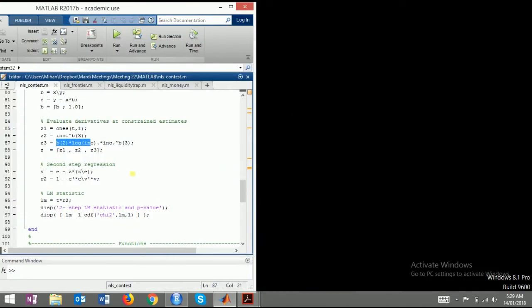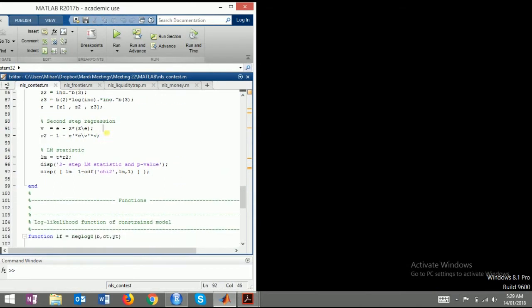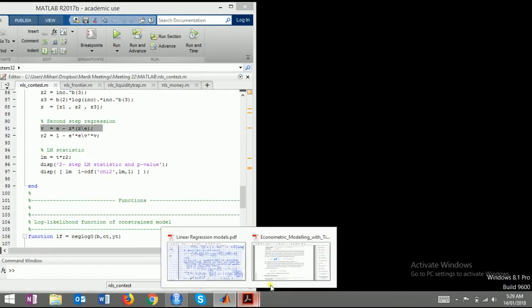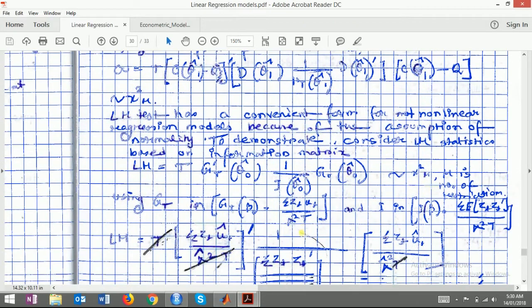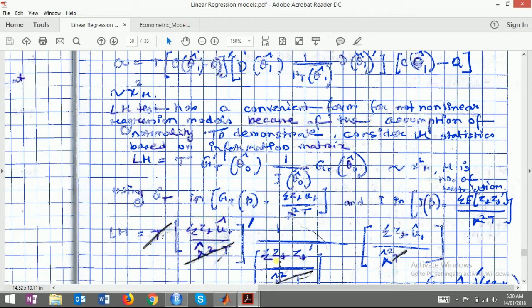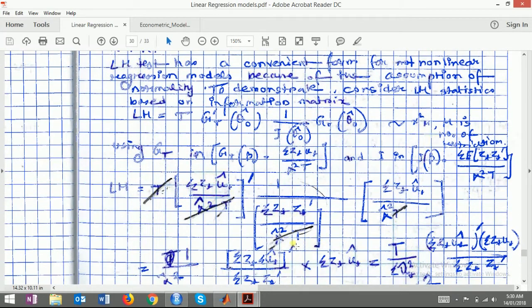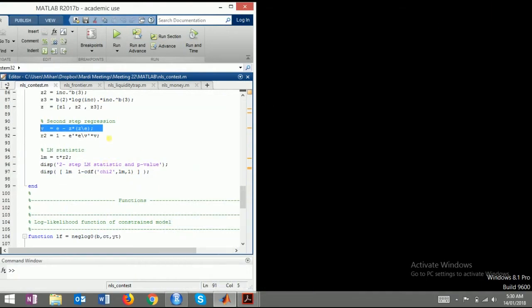Fine. Second step is the residual v equals e mu minus z into z by e. See, z into z by e, or must be somewhere here. So this is it. R square is 1 minus e into e.